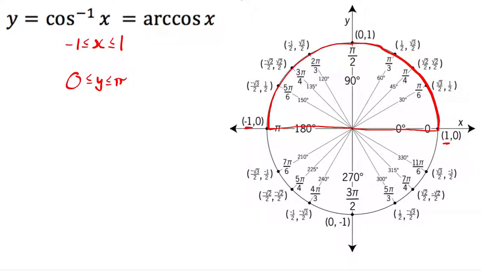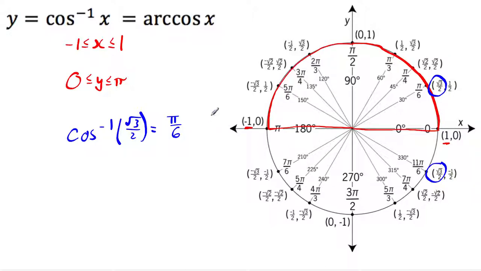Now, if I ask what's the inverse cosine of root 3 over 2, notice there are two angles on the unit circle that have that cosine. But the second value, 11 pi over 6, is greater than pi. It's outside of our range. So we can only include pi over 6, and that's my answer.